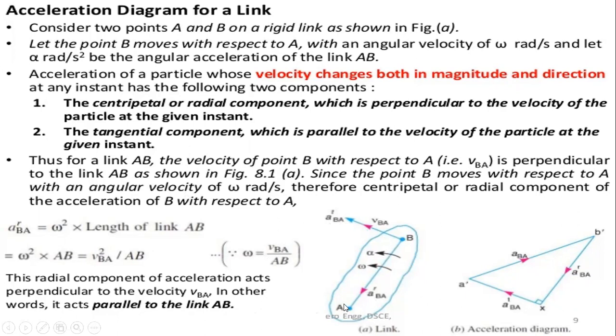Therefore, the radial component is equal to omega square into the length of the link AB, that is omega square into AB. Since omega is VBA by AB, we take the final radial component as V square BA by AB.